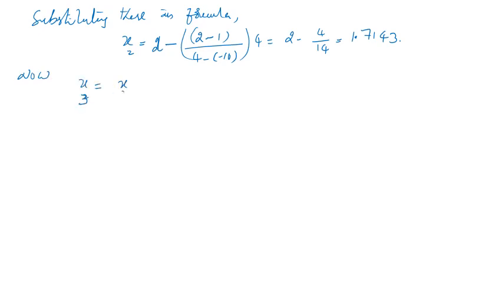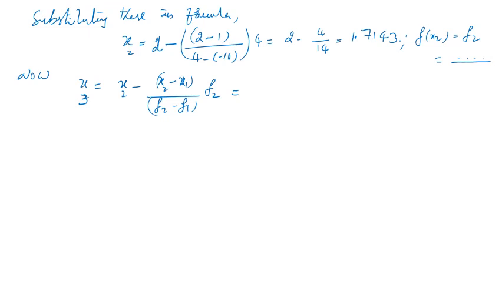Now what is the x3 formula? x3 equals x2 minus (x2 minus x1) by (f2 minus f1) multiplied by f2. After getting x2, find f of x2, which is nothing but f2 value. Use a calculator to find this value and substitute all these values here.